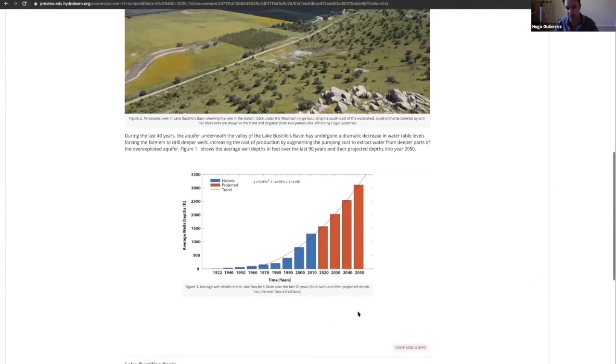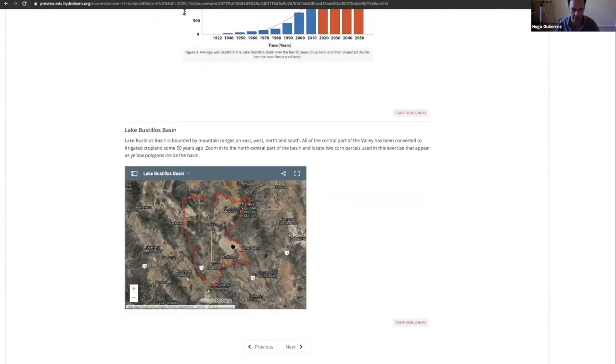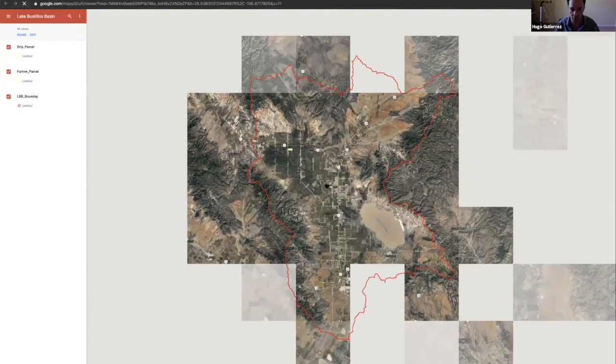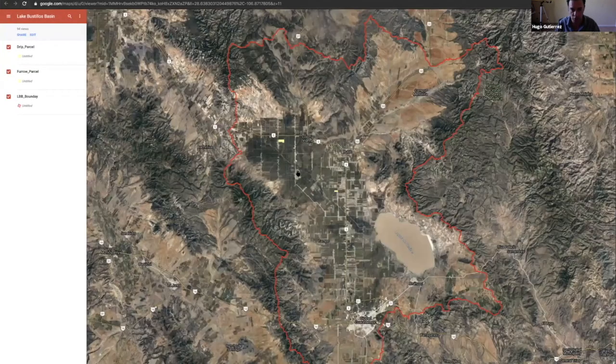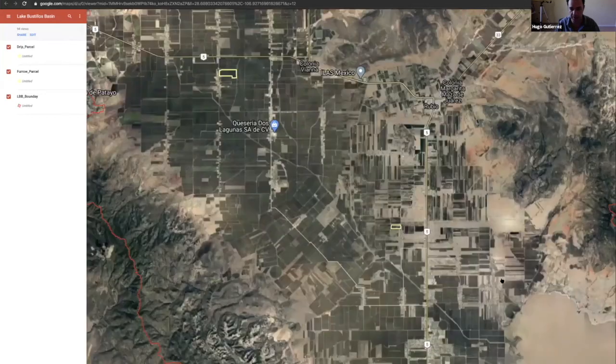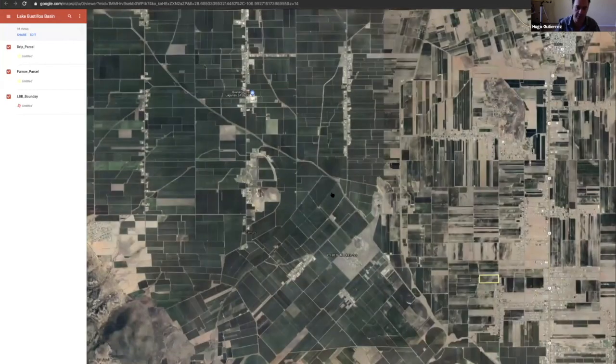So they're given all of the background information, including the site where they will be asked to work on two different parcels, having two different irrigation systems.